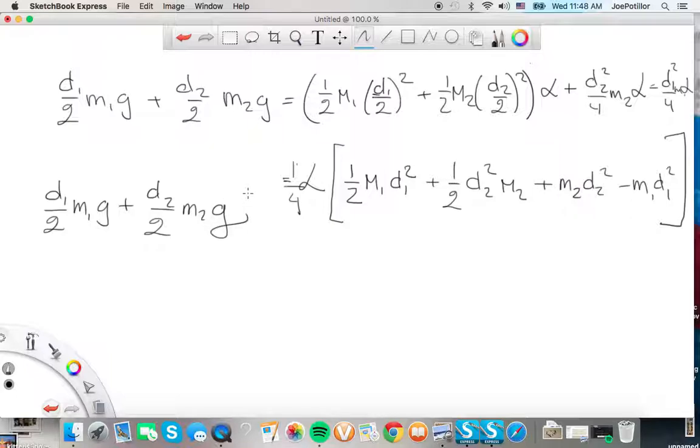d2 over m2g. Divide, multiply. So multiply by 4. Multiply by 4, divide by this whole mess.